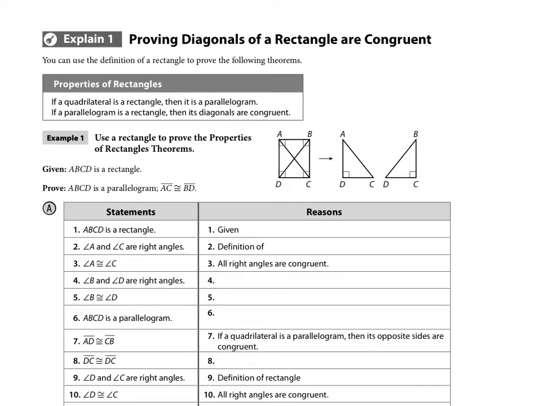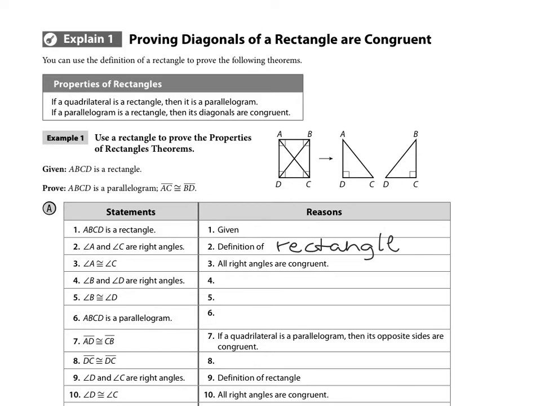First of all, statement 1, ABCD is a rectangle, is a given. Statement 2, A and C are right angles because of the definition of rectangle. Statement 3, A is congruent to C because all right angles are congruent.